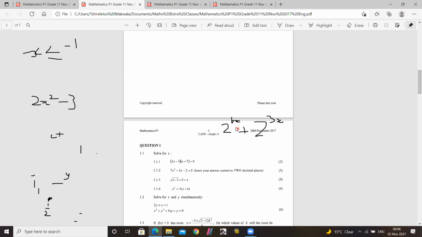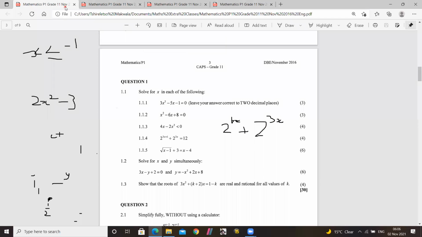If I have 2 to the power of 6x plus 2 to the power of 3x, do you see if there's a common factor, which is 2 to the power of 3x, then we won't be able to solve this thing. But if there is 2 to the power of 3x, we are going to be able to solve it, because we get 2 to the power of 3x in a bracket, 2 to the power of 1 plus 1.